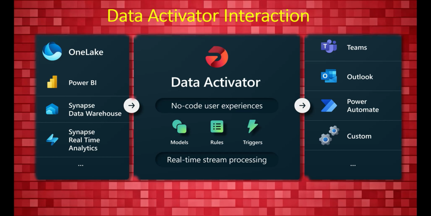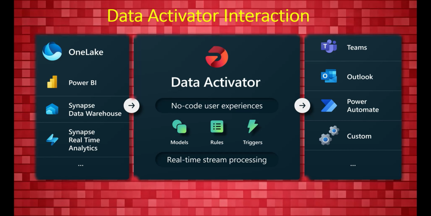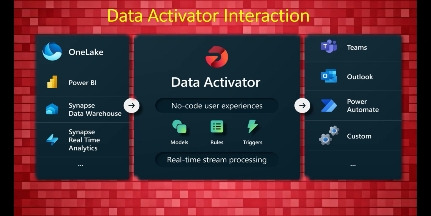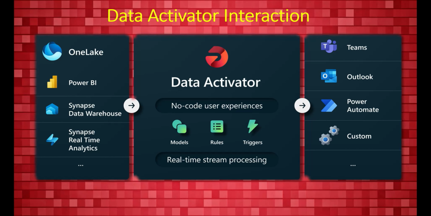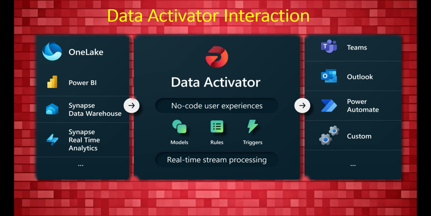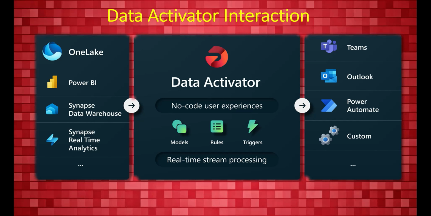Based on that, you can trigger an alert to refill the inventory in a store. Or take the example of the banking domain, where a bank wants to identify credit card defaulters, the customers who have defaulted, and based on that trigger some notifications or take some actions.